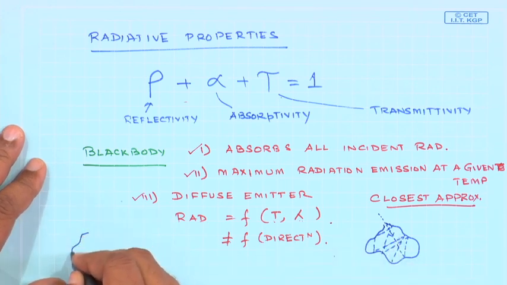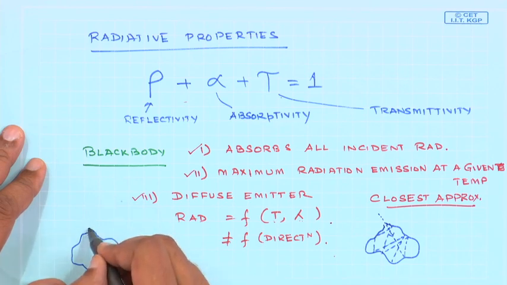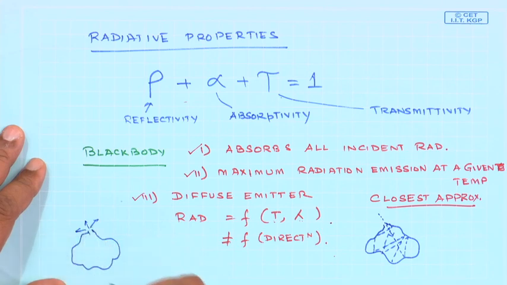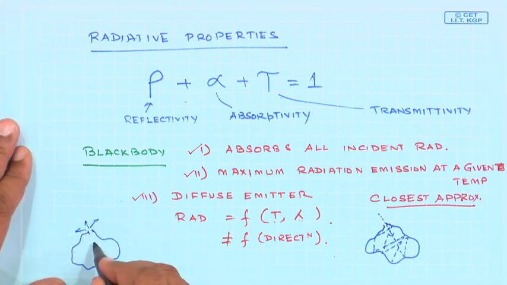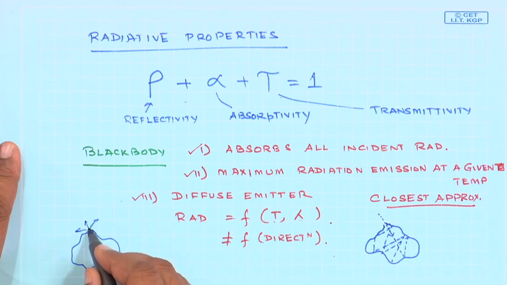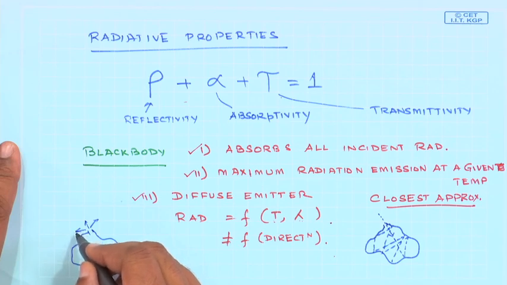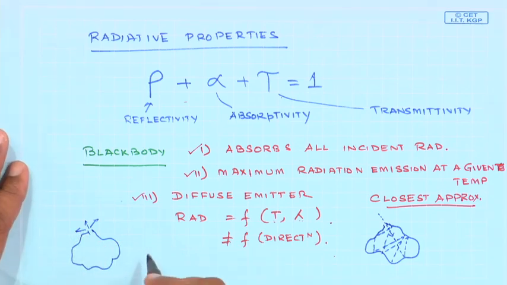Now, let us think of this surface once again. The emission that you are going to get out of this is the same in all directions. If something leaves through the pore, it can be in any possible direction. So, this is one of the closest approximations that you can get of a black body.